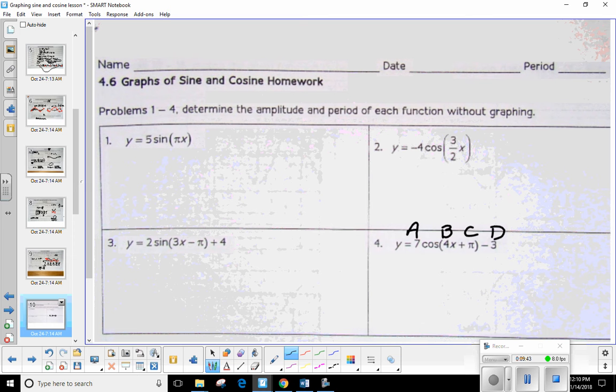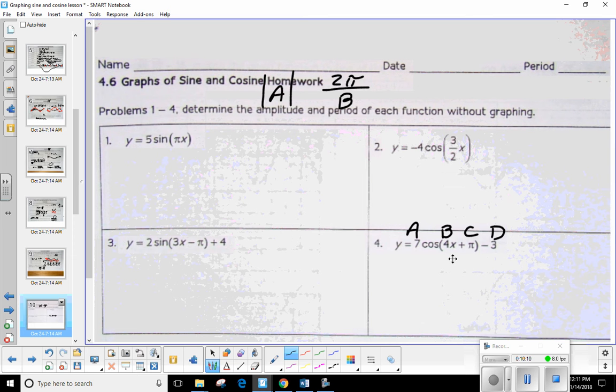Okay. So for numbers 1 through 4, it says determine the amplitude and the period. Well, the amplitude, remember, is the absolute value of A. Does anybody remember the period formula? 2 pi over, oh, we're close. 2 pi over B. Oh, I see what you're doing, you're actually telling me what to do. Yes. So the formula is 2 pi over B. There we go.